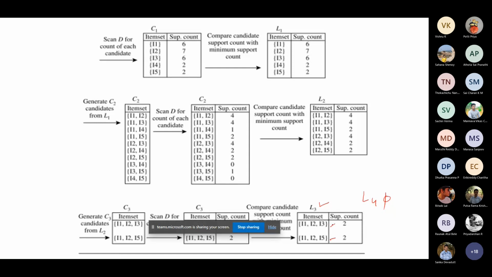So these two are the frequent item sets in the transaction database D. So what is the answer? What is the value of K? Final solution for the second example.